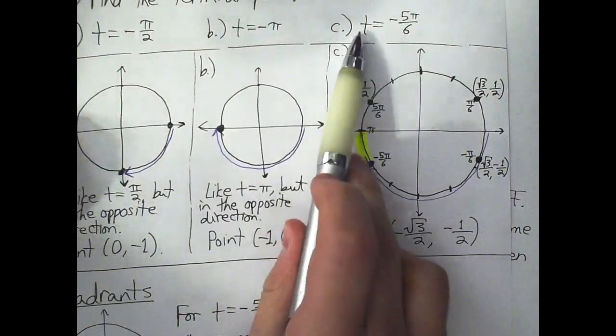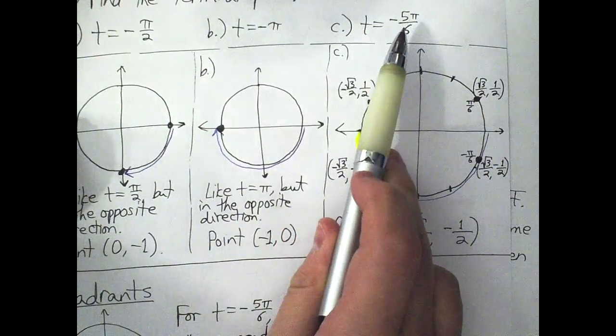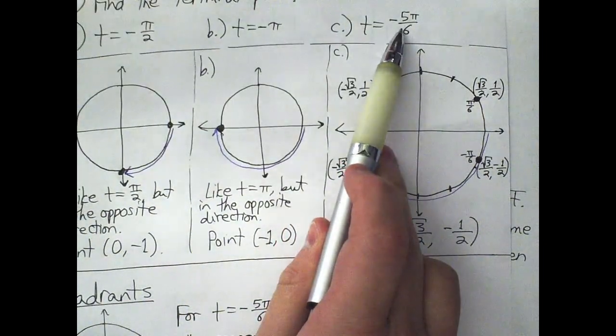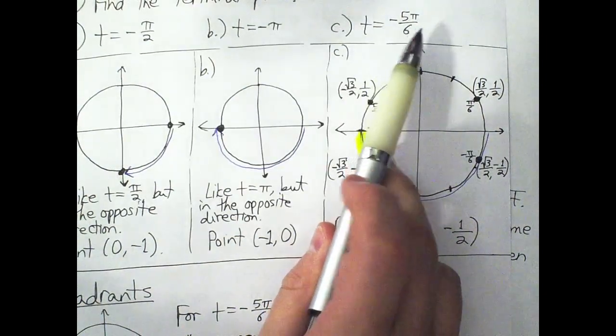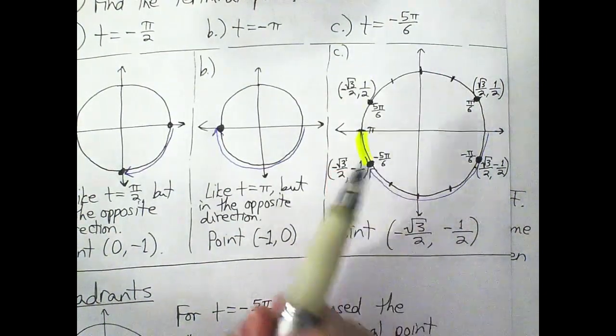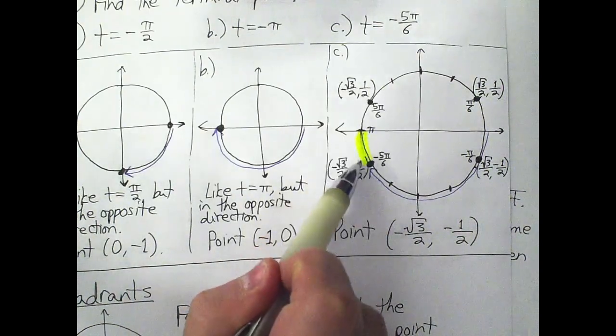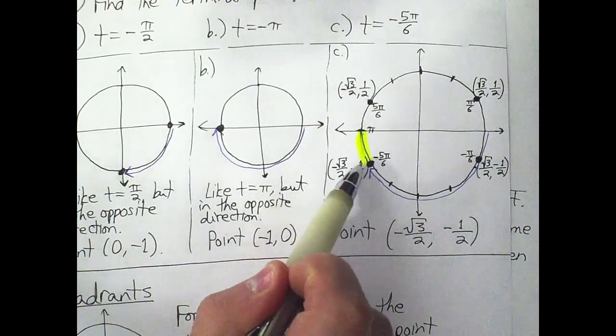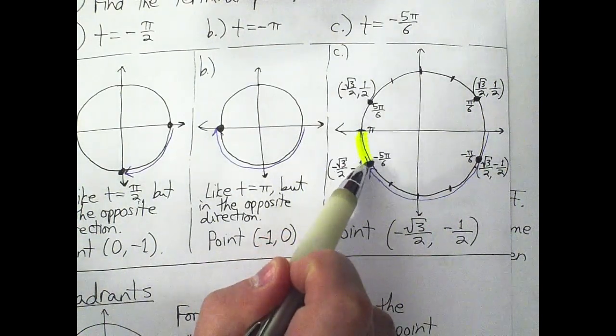We were given a t value. We want to find the terminal point associated with this t value. My hint was that there was going to be something based on pi over 6. The idea is that this distance right here is pi over 6. Now we are calling that the reference number.